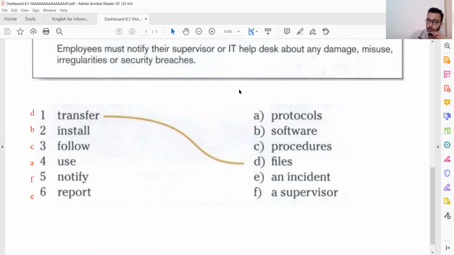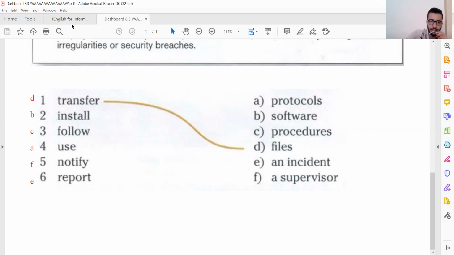Notify a supervisor. ايش يعني notify؟ بتعرفوا بالفيسبوك وبالتويتر and everywhere we have notifications اشعارات، فنوتيفاي يشعر. اوكي. Notify supervisor. supervisor هو اللي مديرك بالشغل، المشرف عليك بالشغل. اوكي. فنوتيفاي supervisor اشعر يعني اخبر السوبرفايزر. The last one report an incident. Report an incident اللي حكينا عنها من دقيقة.